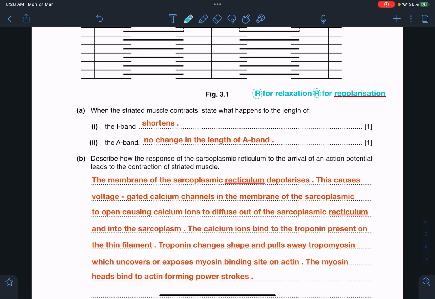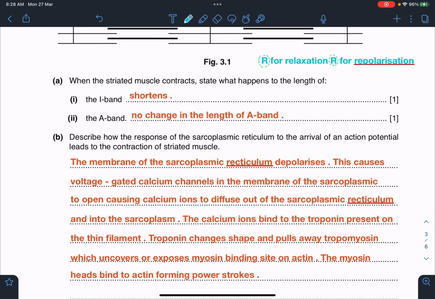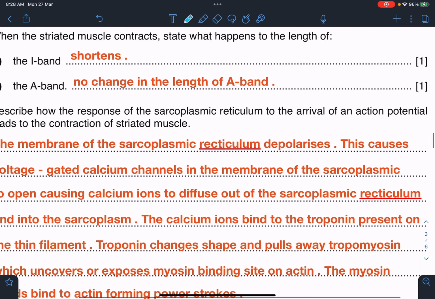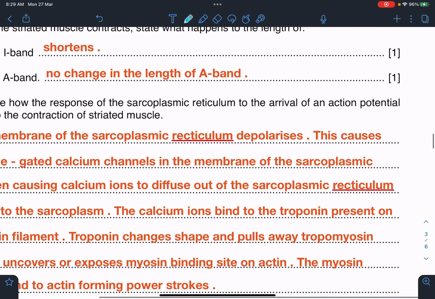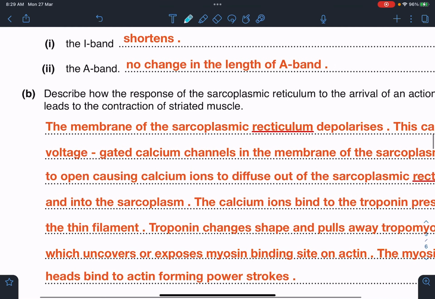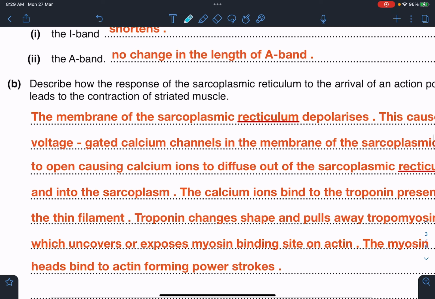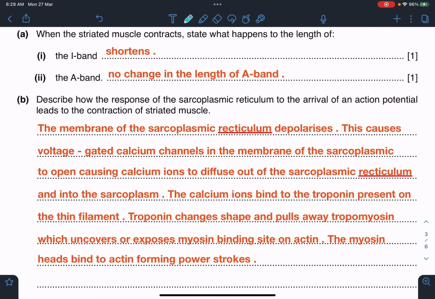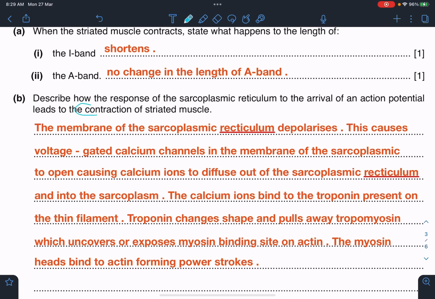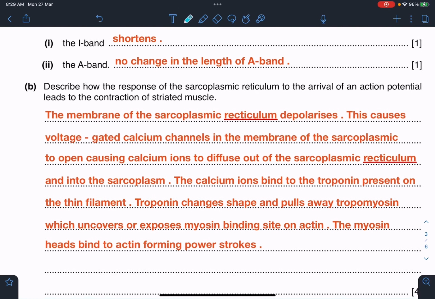Moving on to the next one, it says describe how the response of the sarcoplasmic reticulum to the arrival of an action potential leads to the contraction of striated muscle. Whenever you see this word contraction, always think of depolarization. So you can write that the membrane of the sarcoplasmic reticulum depolarizes.